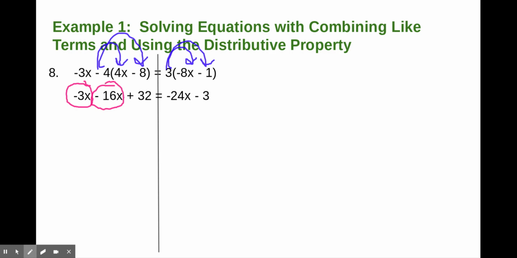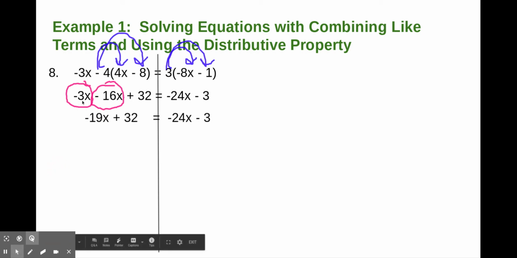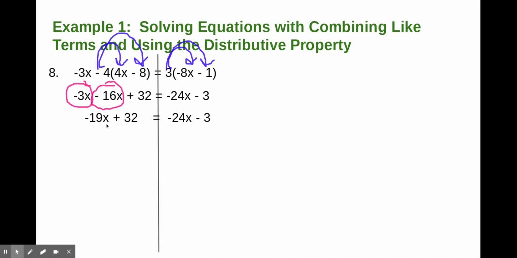No. On my right side, there's nothing else I can combine. So I take the negative 3x and negative 16x, and I get negative 19x. Then I just bring down everything else: the 32, the negative 24x, and the negative 3.